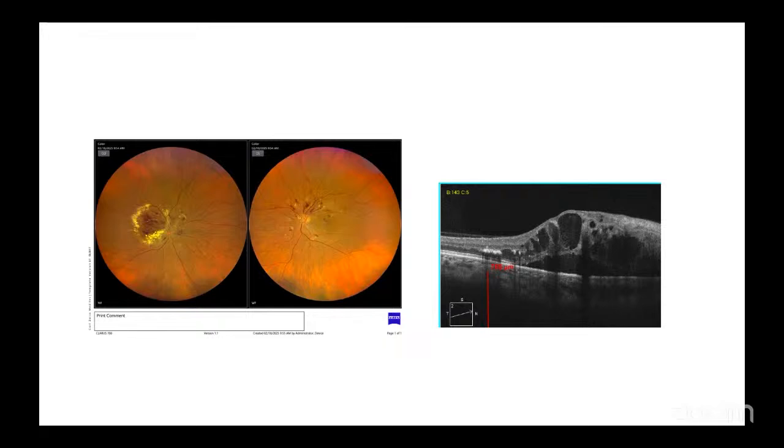Okay. First of all, I should take a good history from the patient. I should recall his diabetic control, HbA1c, shouldn't exceed 6.5. I should ask for his lipid profile, his blood pressure, and his renal functions.